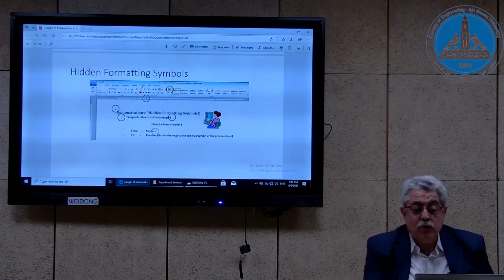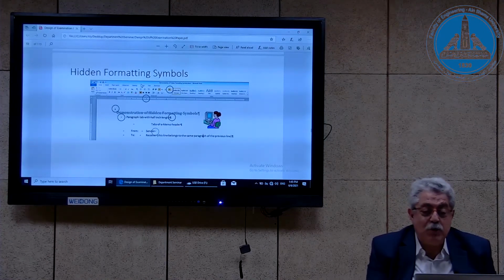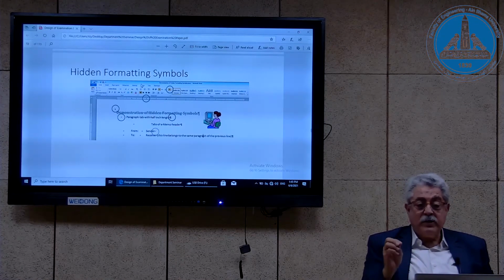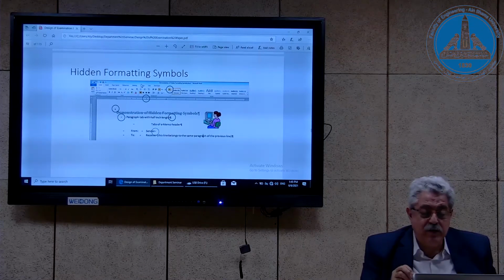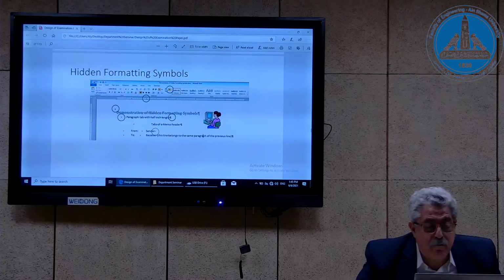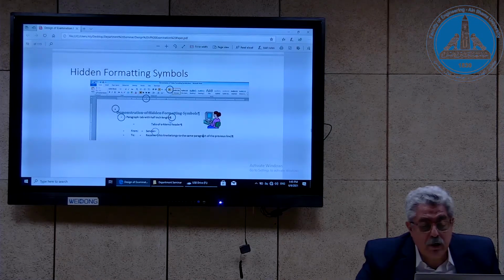Here is also a good slide that shows you that Microsoft Word has hidden formatting symbols that affect the legibility of text. I am going to go through them. This is a paragraph mark. This is the left tab mark. This is the title mark. This is the default tab mark, and this is the paragraph mark again.